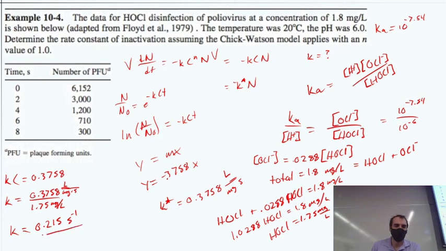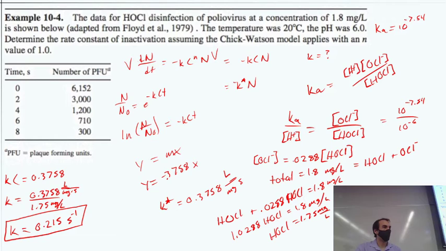And that then would be our final answer. We took a small shortcut, but we didn't take as big a shortcut as we could have if we just assumed that all of that 1.8 milligrams per liter was HOCl.